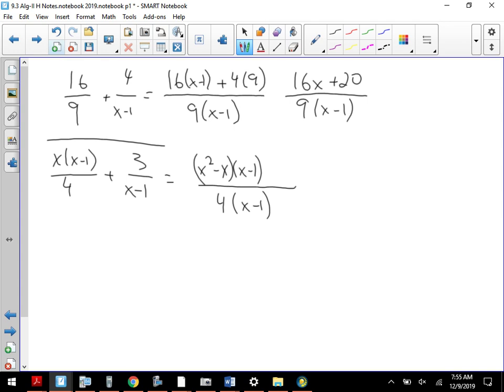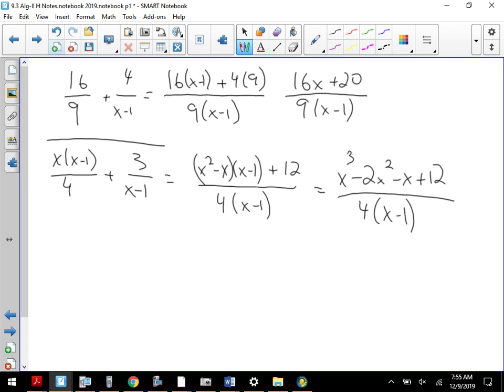And then the other part is just going to be the 3 plus 12, basically. All right. So now we just have to FOIL that out. You get x cubed minus x squared minus x squared minus x. So let's see, that'd be x cubed minus 2x squared minus x plus 12 all over the 4 and the x minus 1.